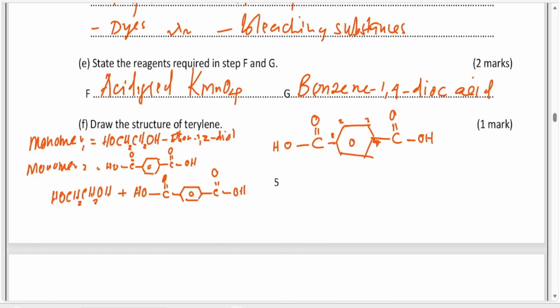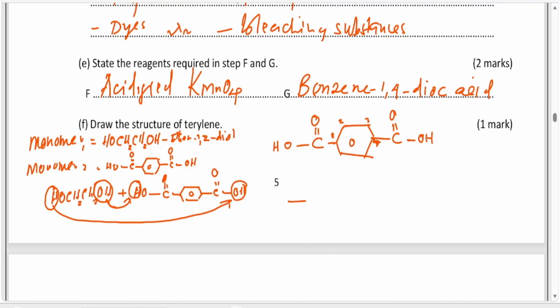In condensation polymerization, we have this hydrogen at this point here. It is going to combine with the OH on this side. Then we shall have this OH combining with the H at this point here. So we remove those parts.